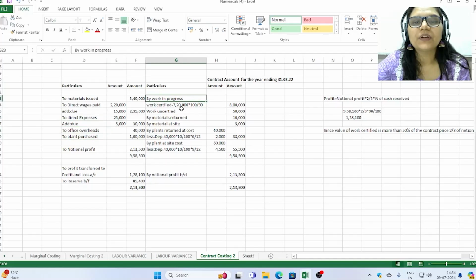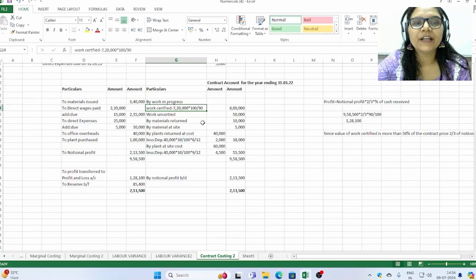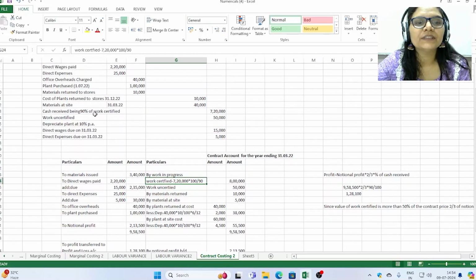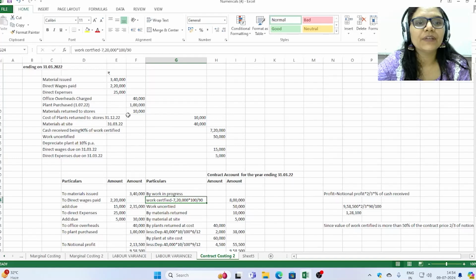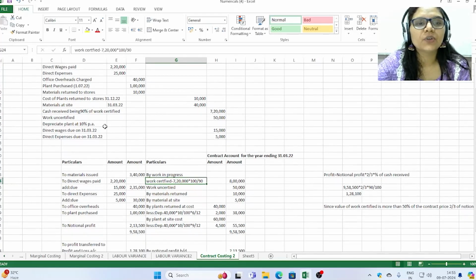By work in progress, we have calculated work certified. We were given that the cash received is 90% of the work certified. So if we multiply it by 100 by 90, we will get the total of work certified.